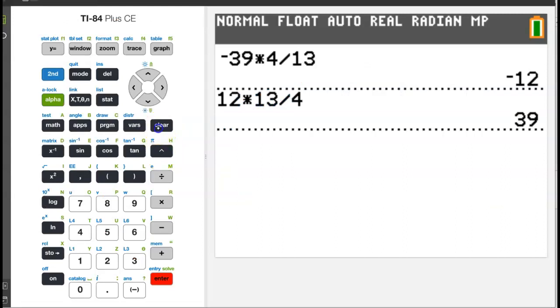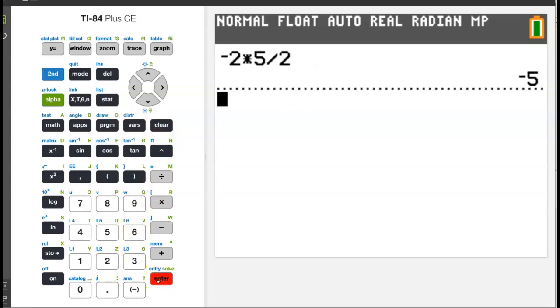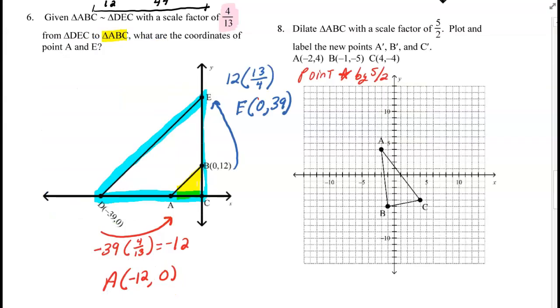So using my calculator, if I say negative 2 times 5/2, I'm going to get negative 5. If I say 4 times 5/2, I'll get 10. So the new point A prime is going to be negative 5, 10.